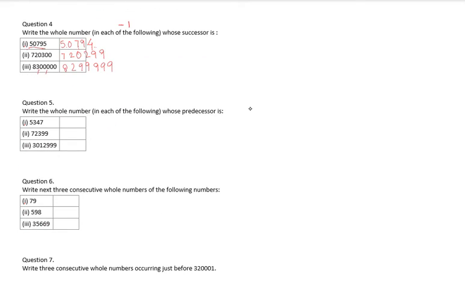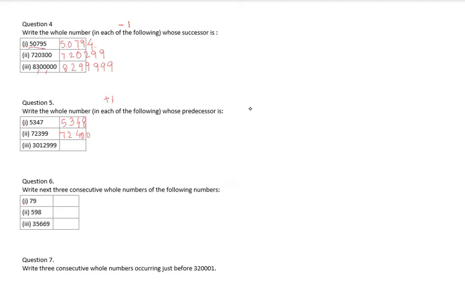Then write the whole number whose predecessor is given. So if this is the predecessor, the number whose predecessor is this would actually be the number just after this. That means we have to find the successor. So 5,347, the successor would be 5,348. Then 72,399, so 72,400.